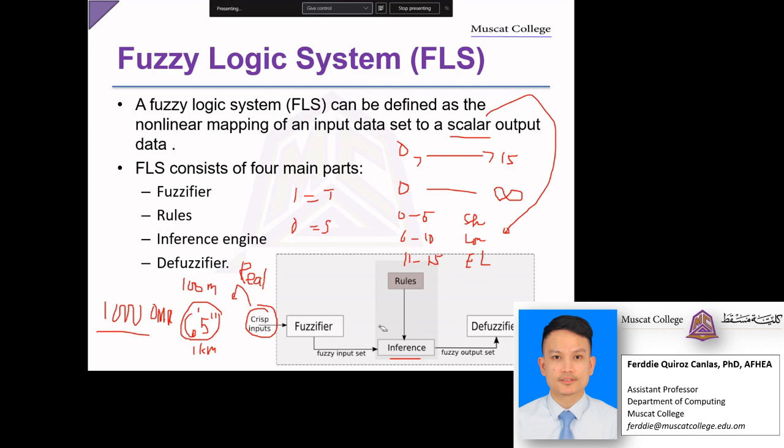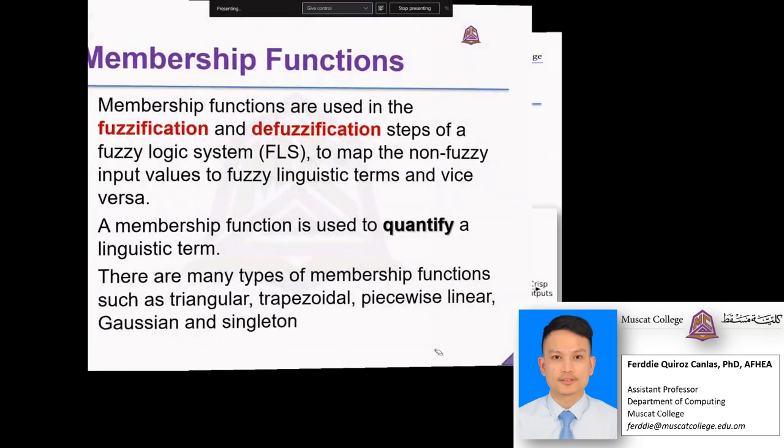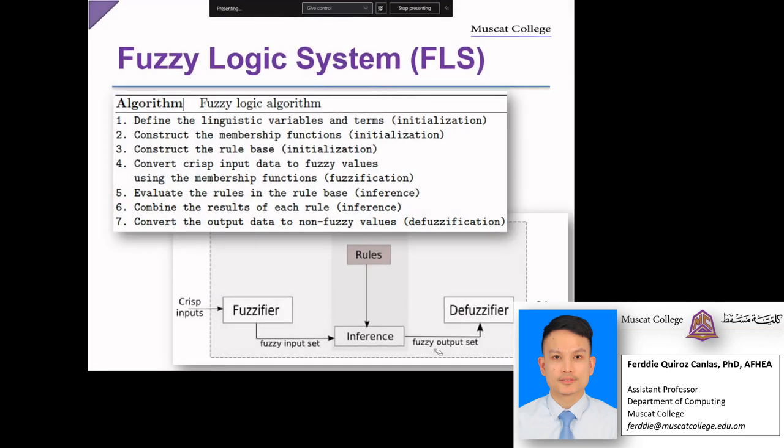Let me repeat: real life value to 1 and 0, to binary, and from binary back to real life values. This is how our fuzzy logic system works. There are steps that we have to follow in fuzzy logic, which we will discuss one by one later on. First, you have to define your linguistic variables and terms.